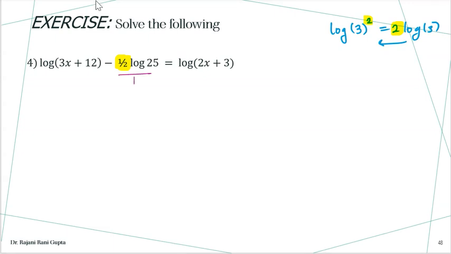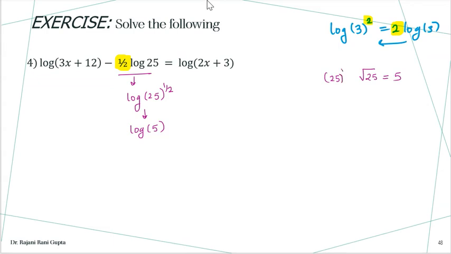So how do you simplify this term? You can write this term as log 25 to the power half. So power half is same as the square root. So this term becomes log of 5 because 25 power half is nothing but square root of 25, which is 5.